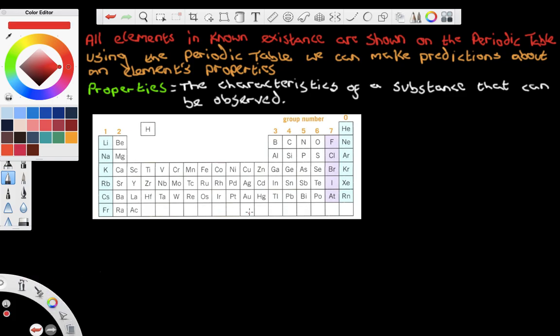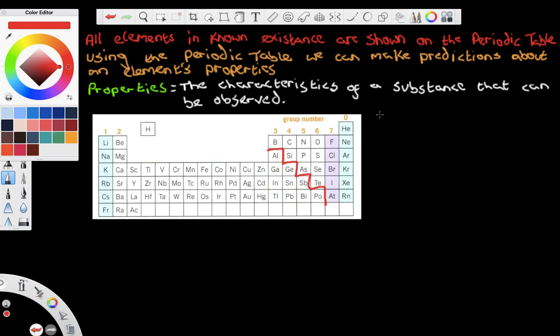And an easy way to divide this up is by starting with aluminium. You can put a staircase all the way down the periodic table. On this side, we'll have the metals, and on this side we have the non-metals. Okay?